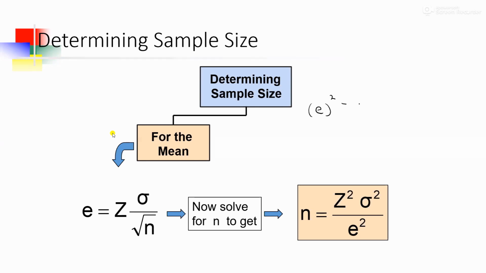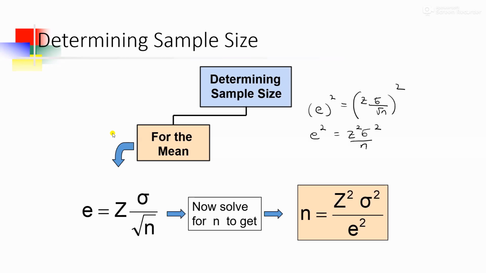E squared is equal to z squared sigma squared over n.